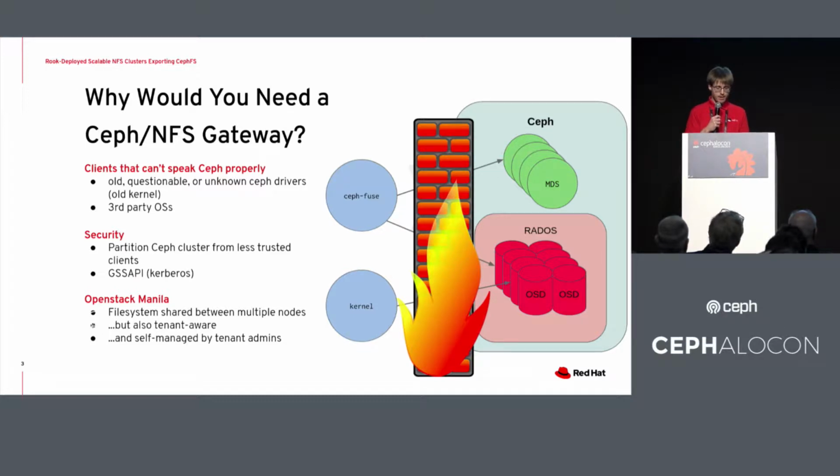And then finally, one of the use cases we really had in mind when we began this work was OpenStack Manila, where we have tenant VMs that want to cooperatively use a particular volume and part of the shared file system, and you don't want other tenant VMs to be able to talk to that, to manipulate that shared volume.